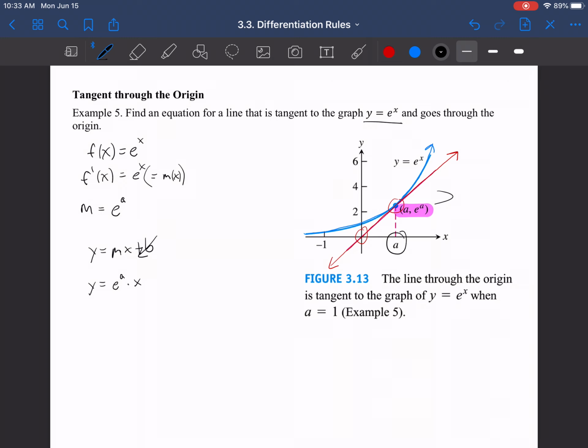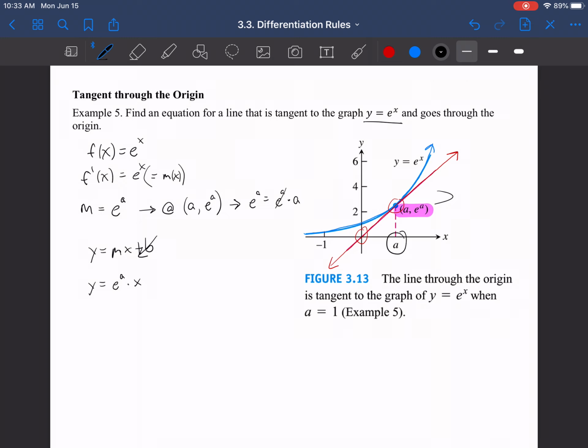So the only thing we really need to do now is figure out what our a value is. So if we look at the point (a, e to the a), we know that if we plug it in, we get that e to the a equals e to the a times a.